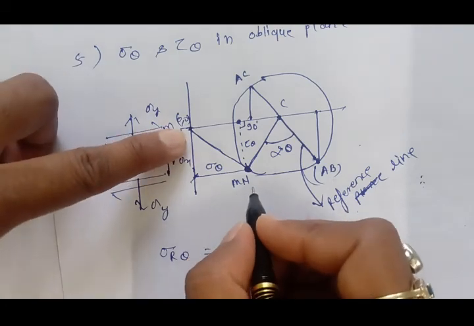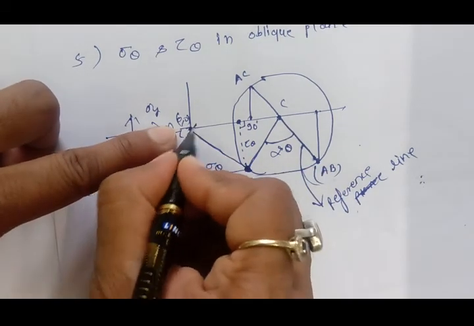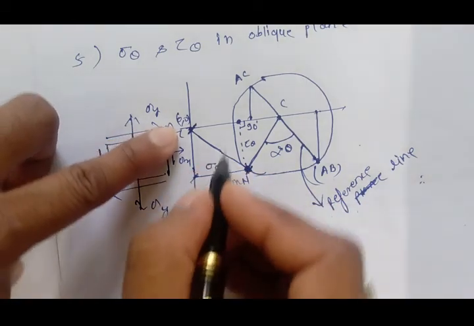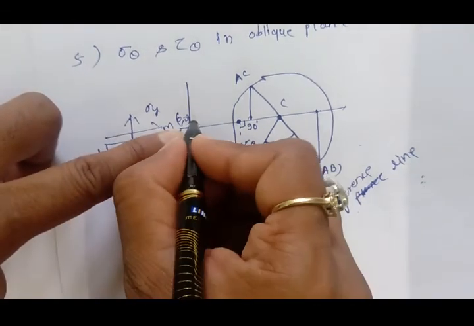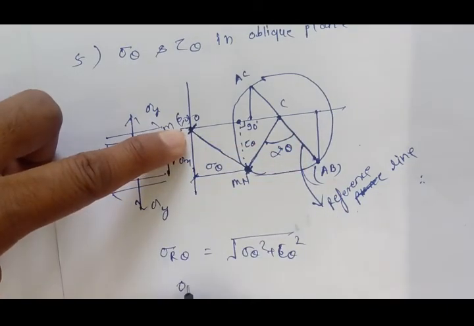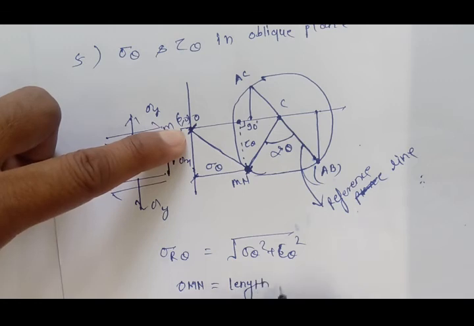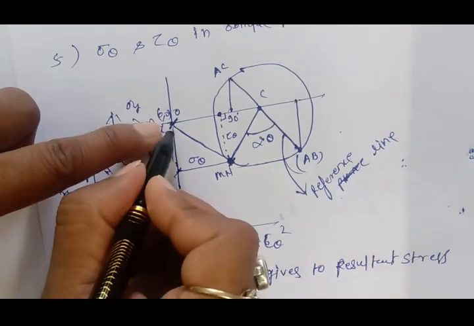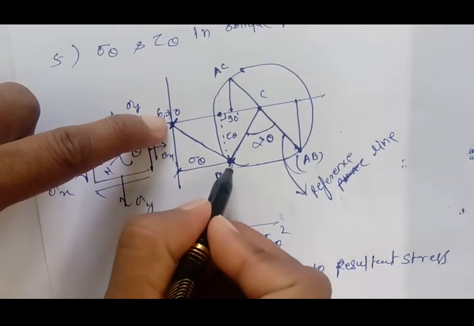This length, origin to mn, gives the resultant stress. If you want to find the resultant stress value, you have to measure this length.